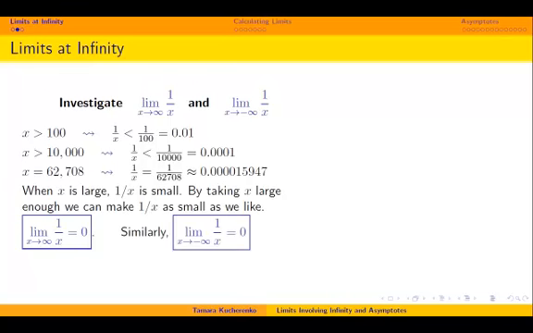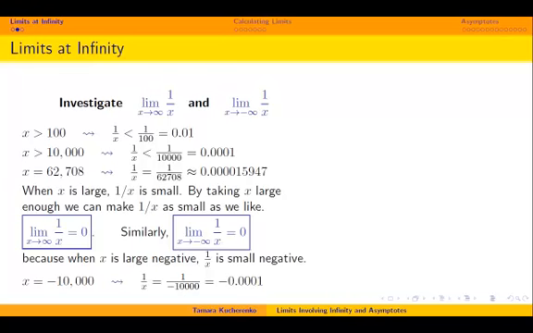Similarly, limit of 1 over x as x approaches negative infinity equals 0. Because when x is large negative, 1 over x is small negative. For instance, let's take x equals negative 10,000. Then 1 over x equals 1 over negative 10,000, which is negative 0.0001.